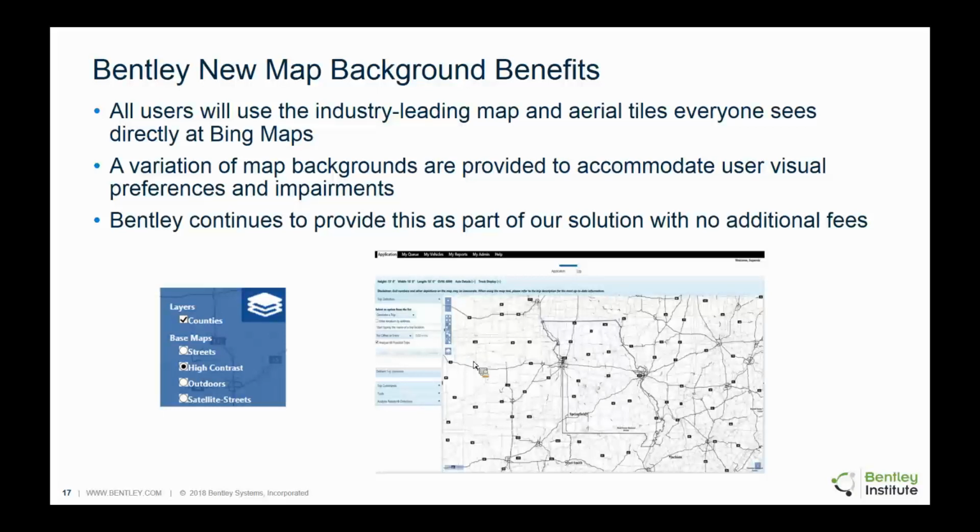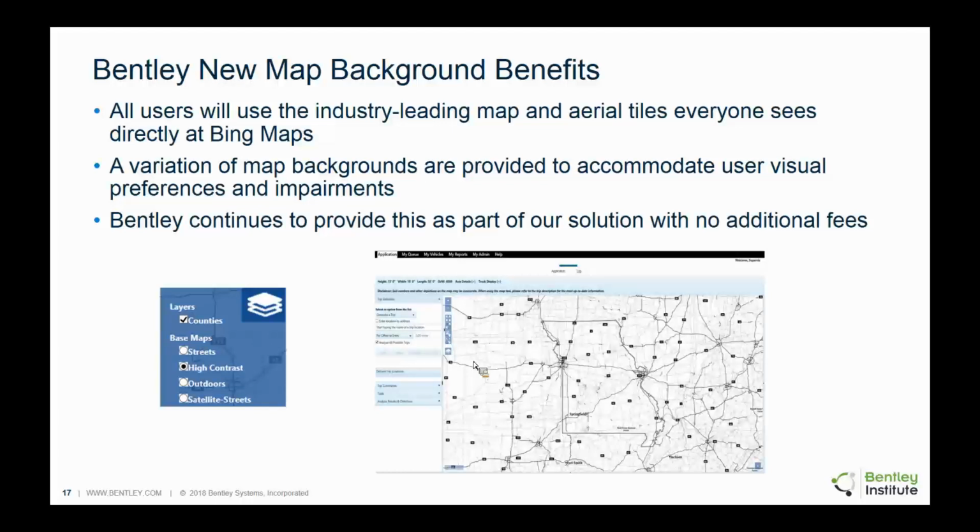You can see rivers and streams and all that kind of stuff. And we supply some additional backgrounds to help with user preferences. This picture here is a high contrast for somebody maybe with color blindness or other issues. There's outdoors, there are different base maps you can use. Satellite, of course, is really handy when you're trying to look at a specific area, bridges or something. We'll continue to do this with no additional fees.